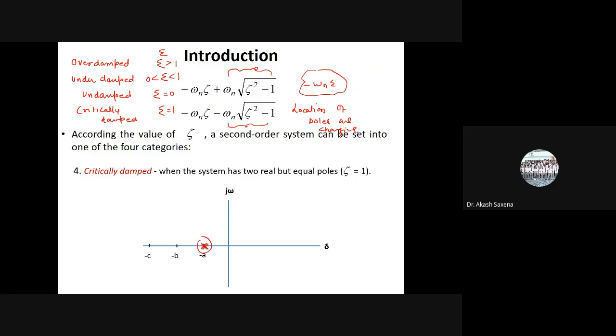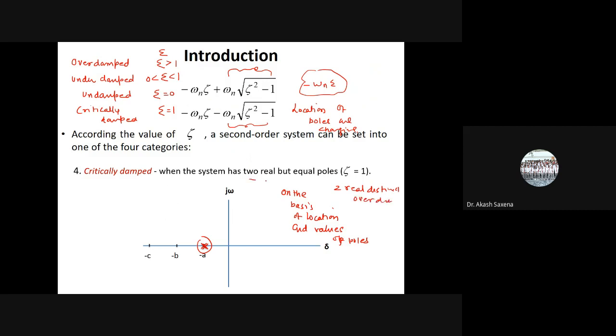So you can see that we are defining the system on the basis of location and values of poles. Two real distinct poles, system is overdamped.